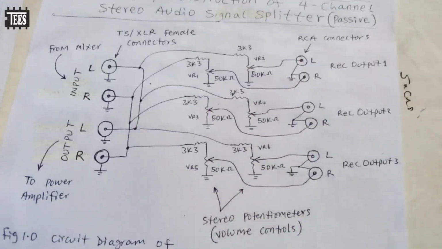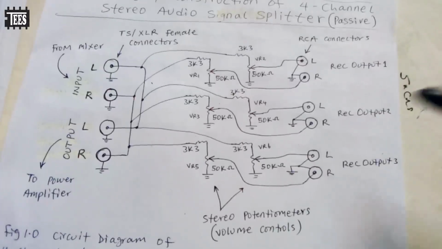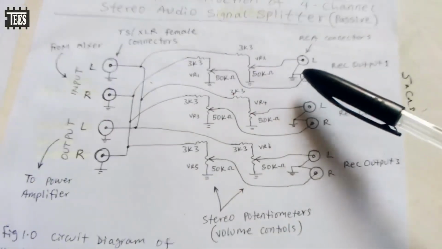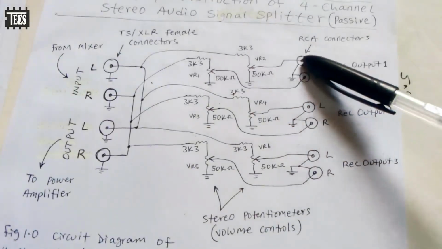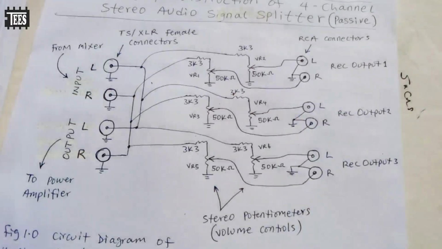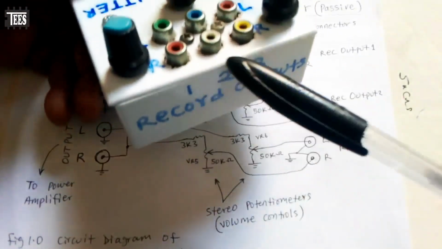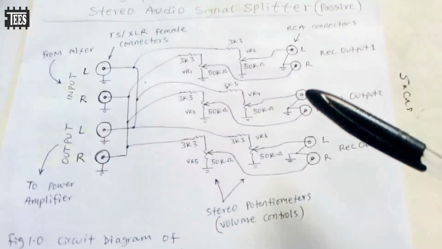You don't need as much signal as the one going to the power amp. So what we have here, this is one of the outputs, this is another output, this is another output, just like what you're having here. It's numbered 1, 2, 3, one output, two, three. So that's what you're having here.